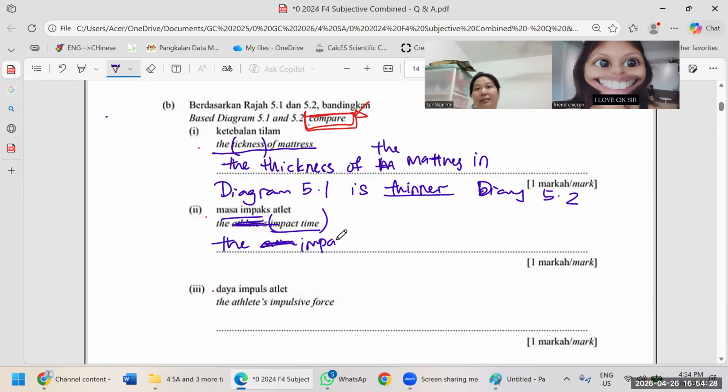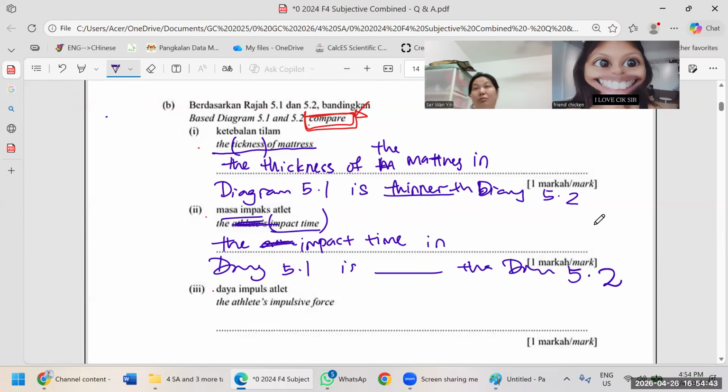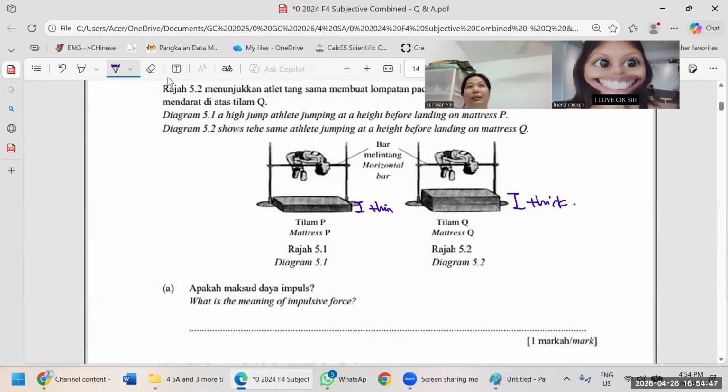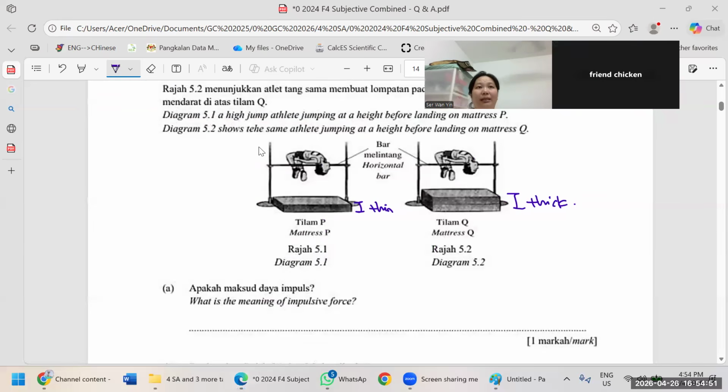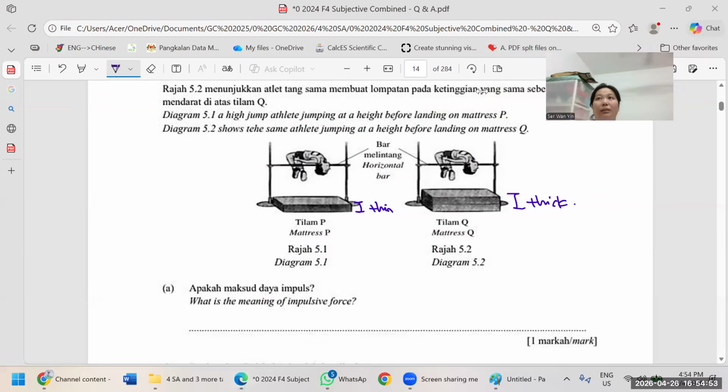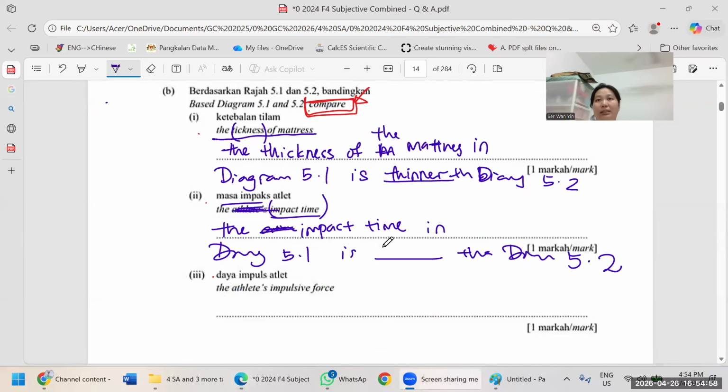The impact time in diagram 5.1 is what, then in diagram 5.2? More than or less than? It's lesser.